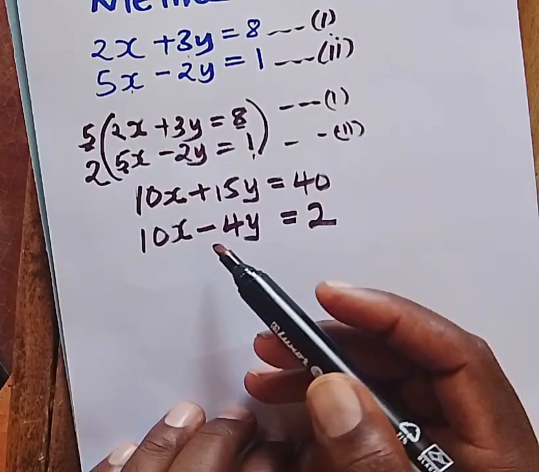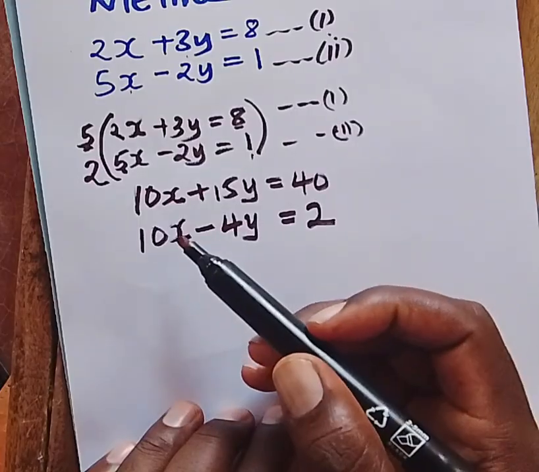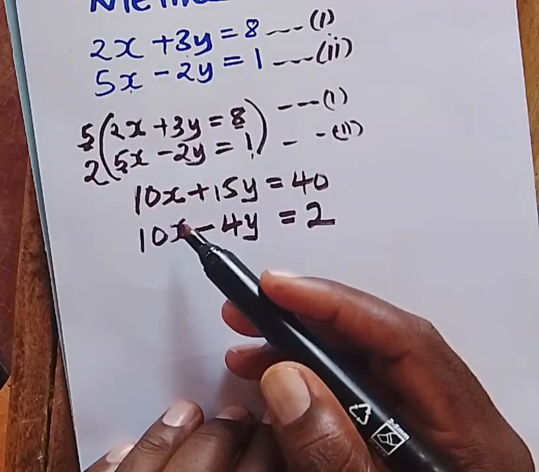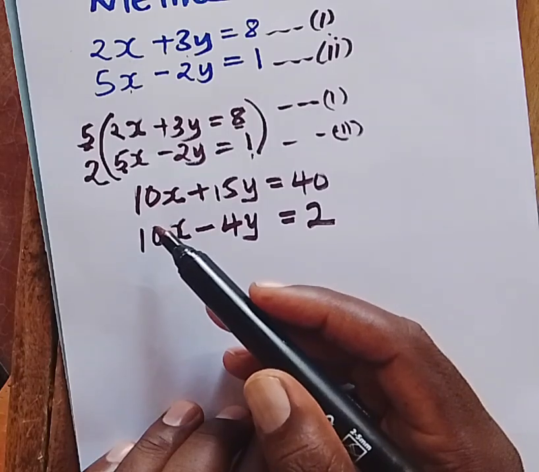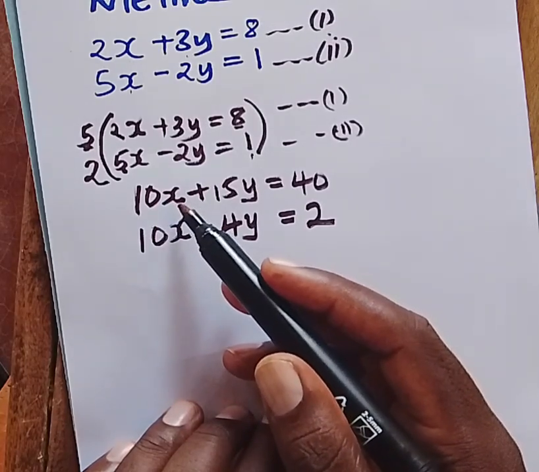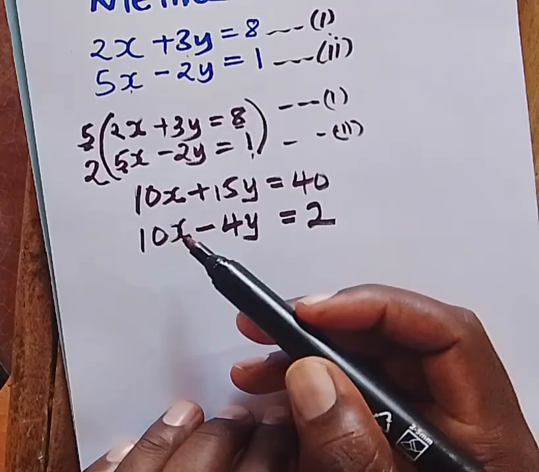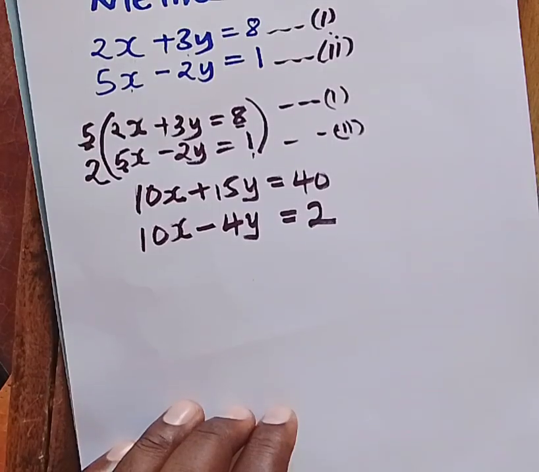Now I choose an operation. It is only addition or subtraction which can eliminate x. To eliminate means that the operation that I choose will make x vanish.